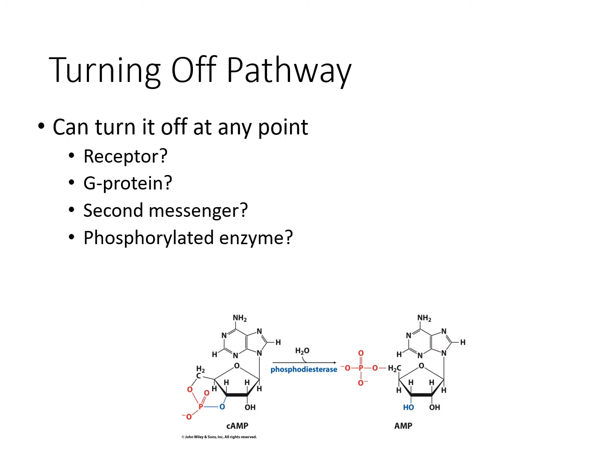All right, for the turning off pathway, just an additional question that you have to ask yourself: can these activations of signaling be turned off? All right. So what would happen to the receptors when these turn off, and what happens to the G protein? How about the second messenger and the phosphorylated enzyme?